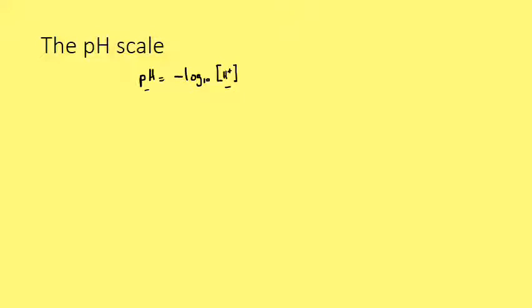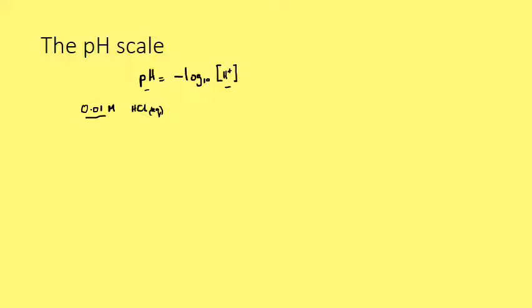Let's say we've got a solution of hydrochloric acid, and it is a 0.01 molar concentration. Molar is the American term for moles per decimeter cubed, so that is the concentration of the hydrochloric acid. So it's the same as saying 0.01 mole per decimeter cubed. So we have the concentration and we want to know the pH.